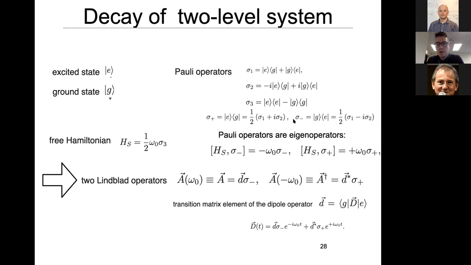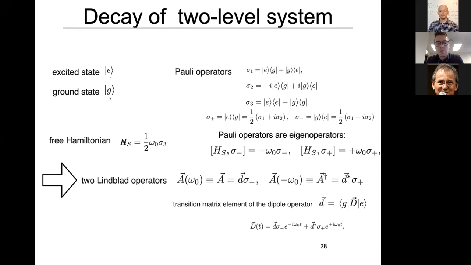When we apply sigma minus to E, it lowers the energy of our system, promoting it into its ground state. Similarly, when we apply sigma plus to G, it promotes our system into its excited state. So sigma minus is the lowering operator, sigma plus is the raising operator, and they connect the ground and excited states of our system.